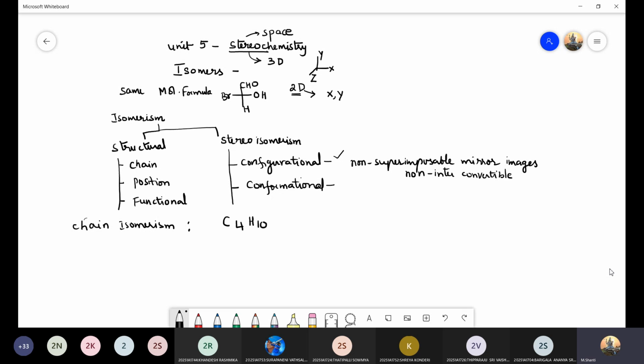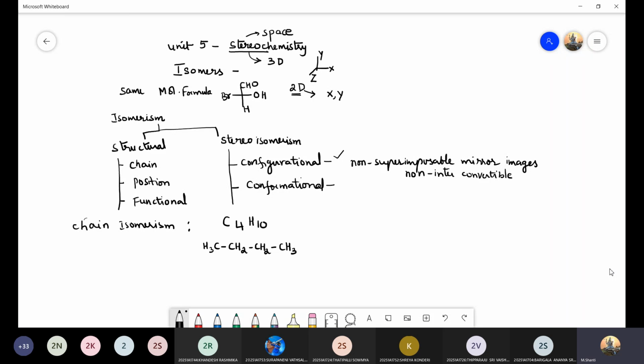C4H10, is this an alkane, alkene or alkyne? Alkane, ma'am. What is the name of this compound? Alkane with 4 carbons is called n-butane, right? For this molecular formula, I'm going to write the first structure: CH3, CH2, CH2, CH3.